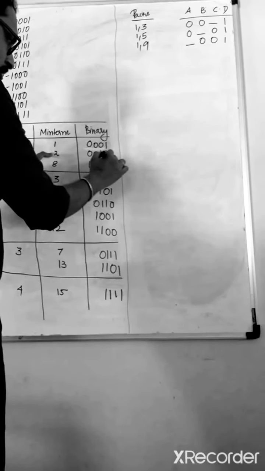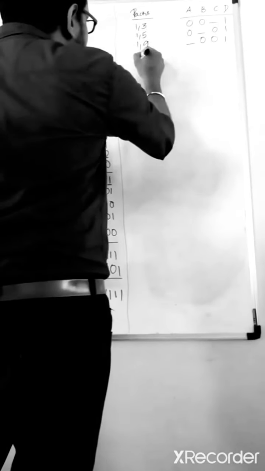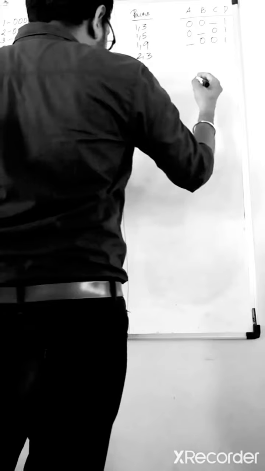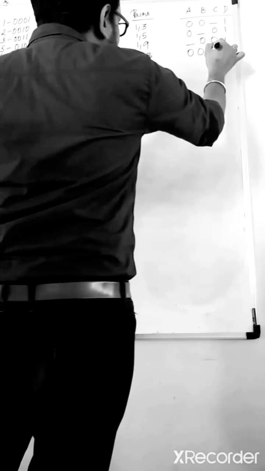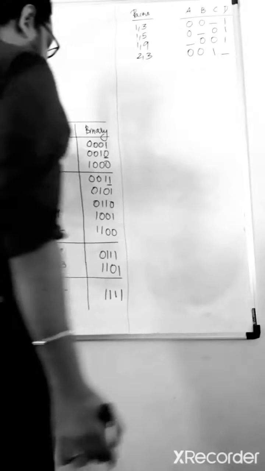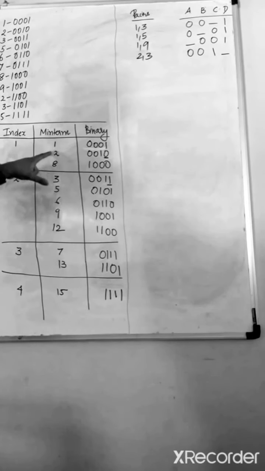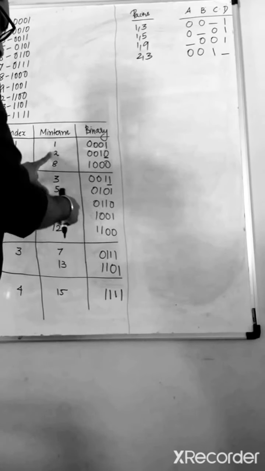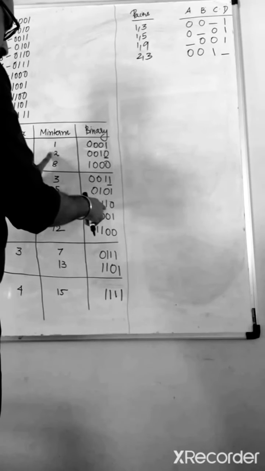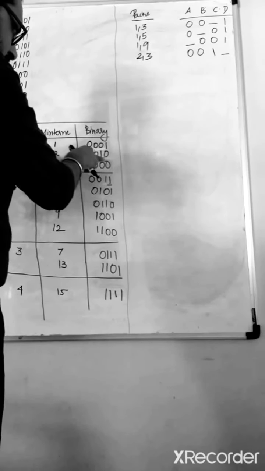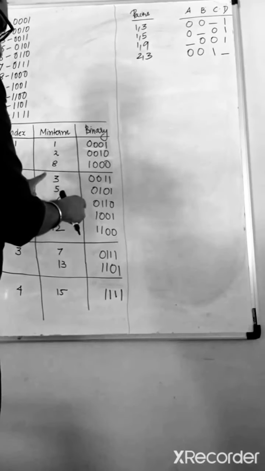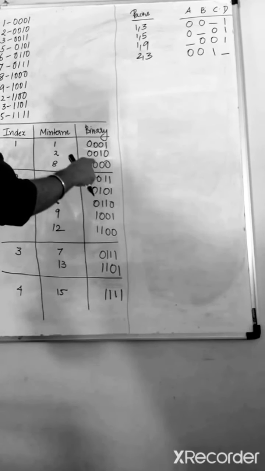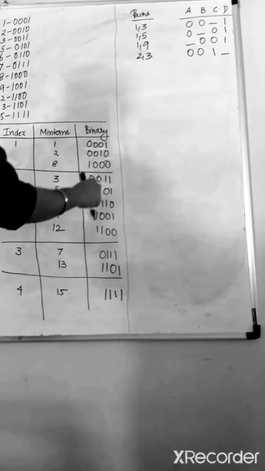Change in fourth bit, so we write 2, 3 as 0 0 1 dash. 2 is compared with 5, 0 0 1 0 and 0 1 0 1.